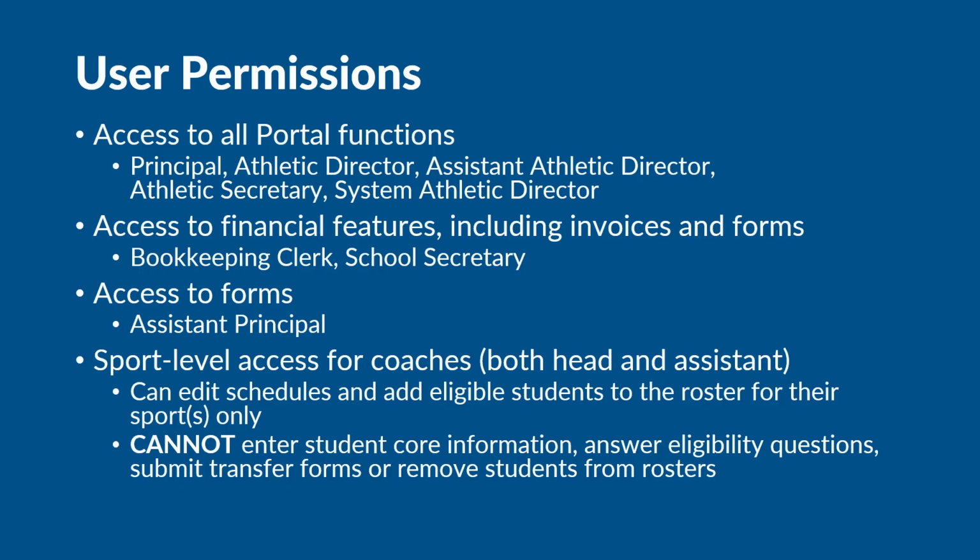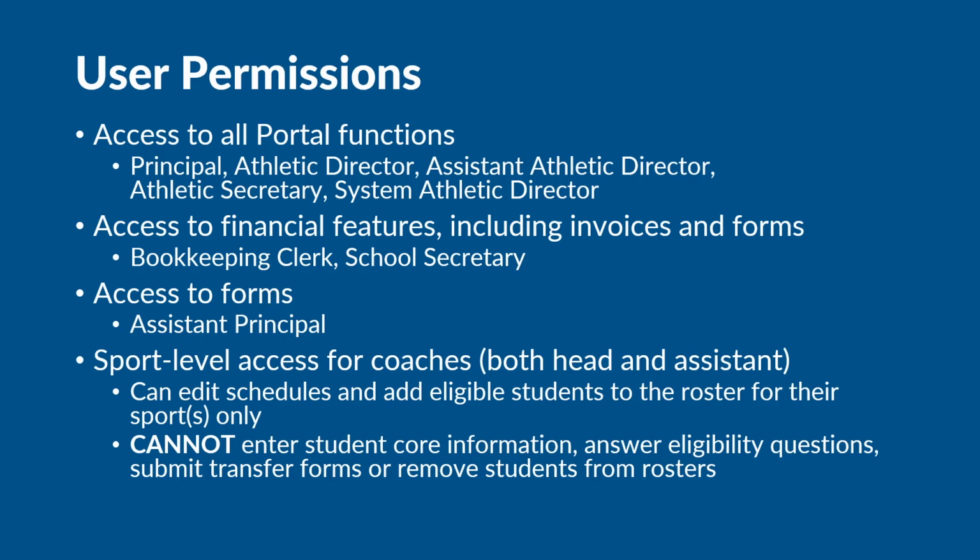So admin level access for all the portal functions for the school, those are given to individuals assigned as principal, athletic director, assistant athletic director, athletic secretary, and system athletic director. Those individuals assigned to those positions have full admin access.